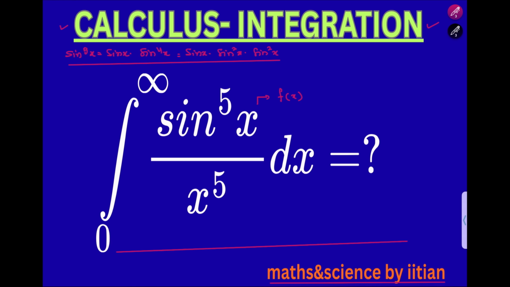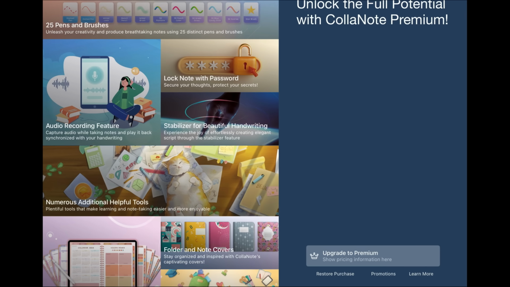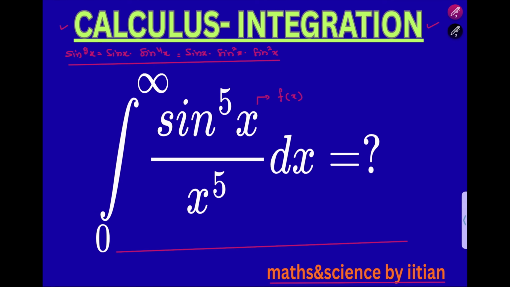In complex number analysis, which I have given many lectures on, if you go and see those lectures, you will understand that sin x is equal to e to the power of ix minus e to the power of minus ix, whole divided by 2i.